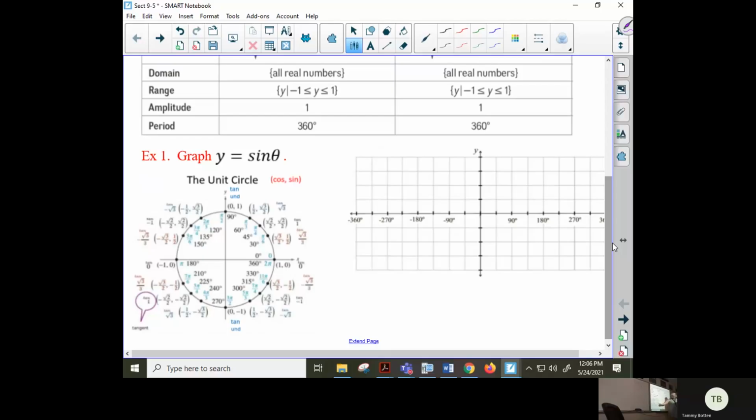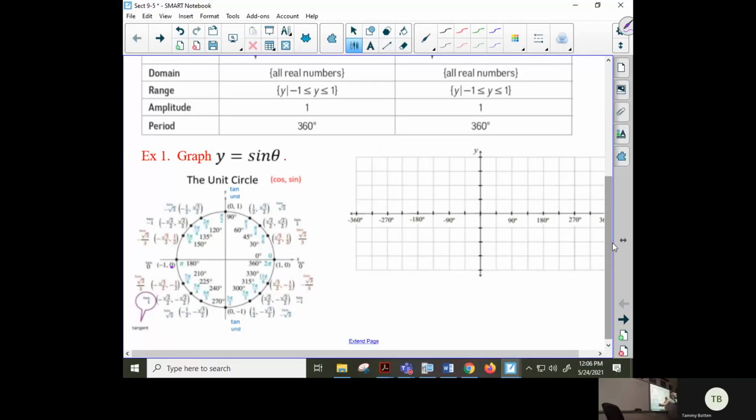But at first, remember sine is the second one in the parentheses. So sine at 0 is 0. Up here, sine goes to 1. At 180, sine goes back to 0. Down here at 270, sine goes to -1.